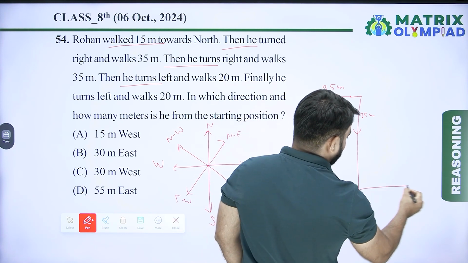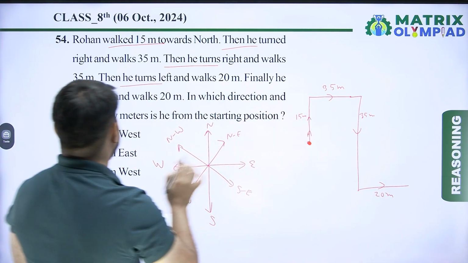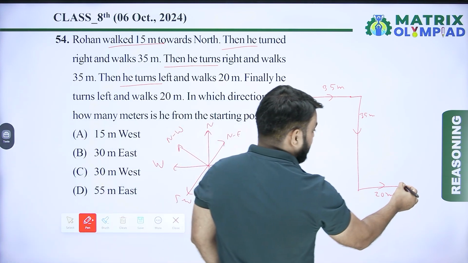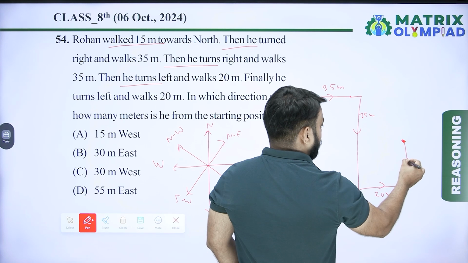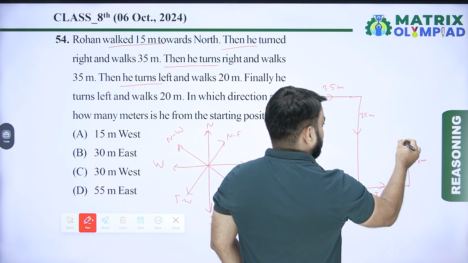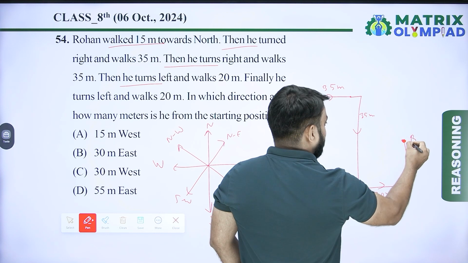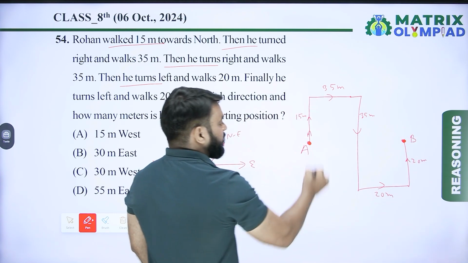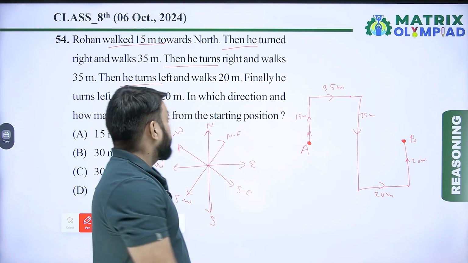Finally, he turns left and walked 20 meter. So this is the final destination of Rohan. A is the starting point of Rohan and B is the final destination of Rohan.